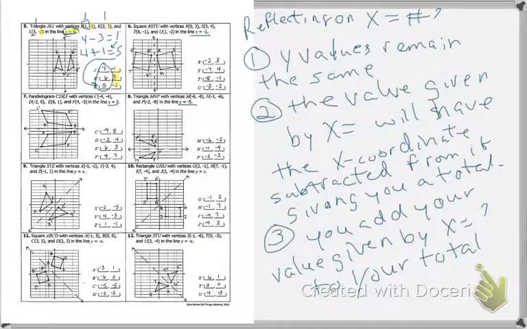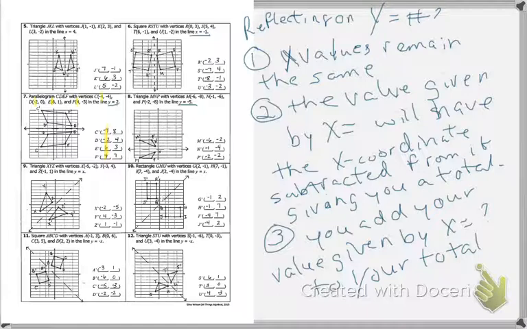You're going to do the exact same thing for y equals. The x's will remain the same, but the y's will change. So, step 1, the x values remain the same. This one is on the reflection of y equals a number.